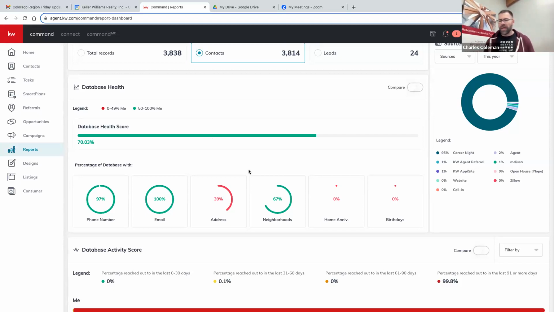Through Command, we go in and set up the database, and we need to systematically and strategically communicate out to them. I'm going to show you this one pager, the one pager we're going to review today. But it does not matter how great our tactics are if we're not starting with the foundation, and the foundation for this model is our CRM.